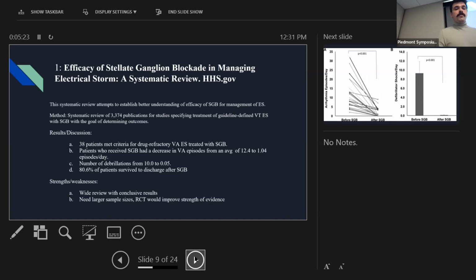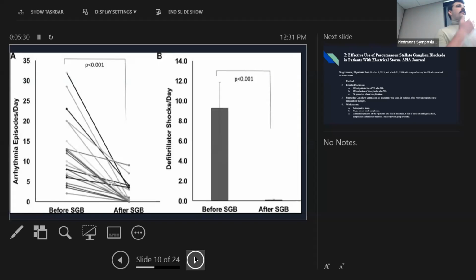And they found that the average number of defibrillations a patient needed a day went from 10 to 0.05. So here's a quick table kind of illustrating this dramatic decrease in both the arrhythmic episodes per day and the number of defibrillator shocks required a day before and after the SGB procedure.